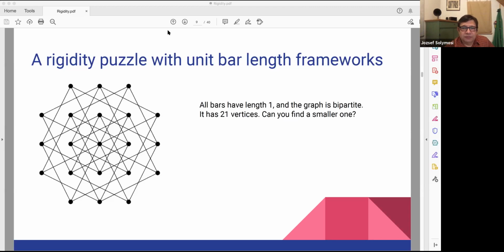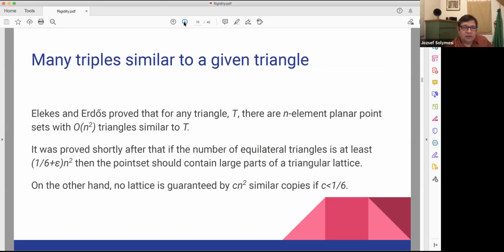Good, so let me go further, and for some reason it's very complicated to switch. So this is the triangle part. What can we say about point sets when you have many similar triangles? That's the subject I have time to talk about.